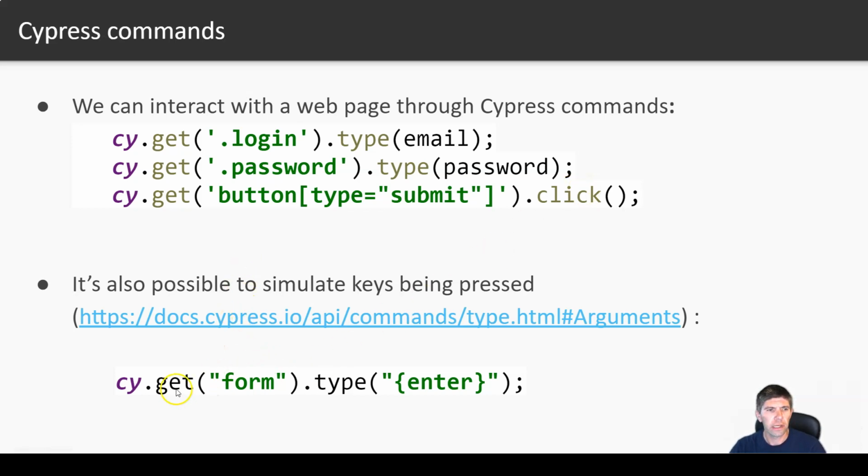For instance, if you want to simulate a user typing the enter key, you can use the following command, type enter, and that would simulate typing enter. You can test shortcuts like Control-K, Control-Z, Control-C, all of these are possible. So you can really go pretty much in depth and validate all sorts of things with these commands.